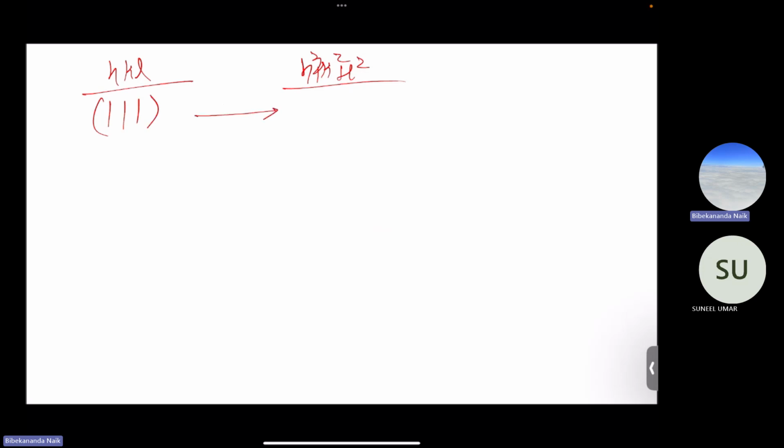Corresponding to this 1, 1, 1, the value of h square plus k square plus l square will be 3. Then we need to find the sine theta, that is 0.2543 into the square root of h square plus k square plus l square.